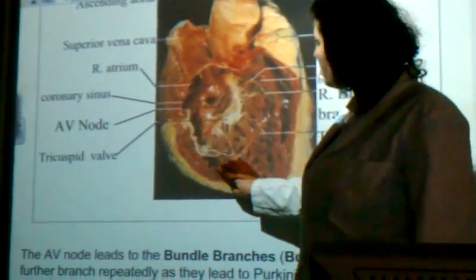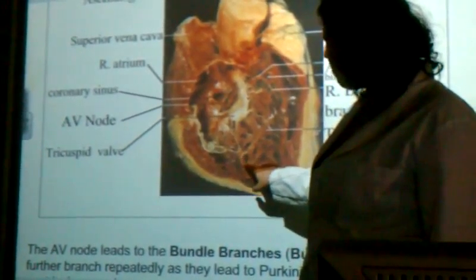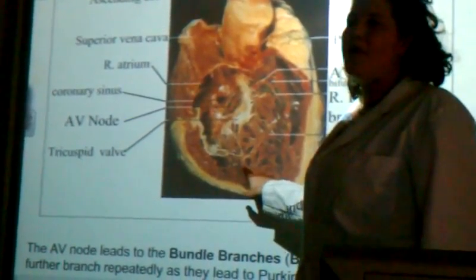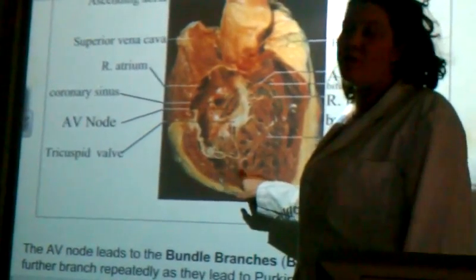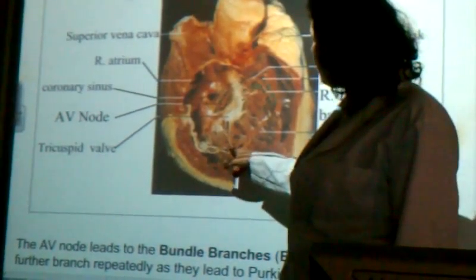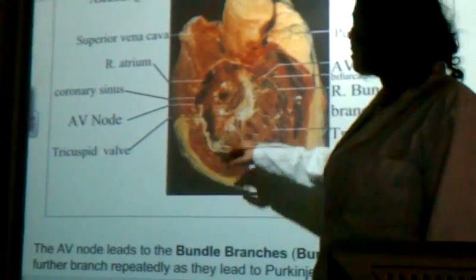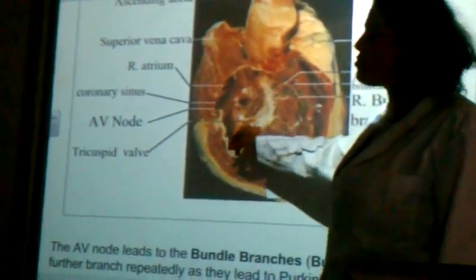If this tissue dies, look what's attached to the inside, the papillary muscle. That papillary muscle will also be affected. It might also die. If that papillary muscle is affected, then the chordae tendineae attached to it may also be affected, and it can actually result in damage to the tricuspid valve.